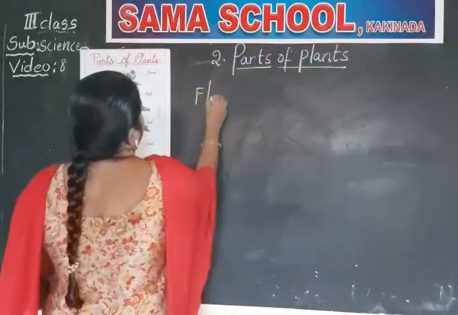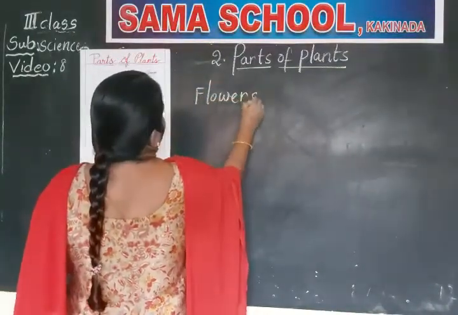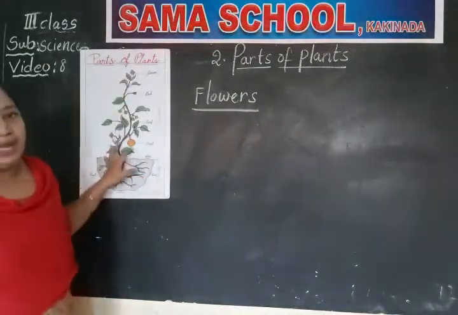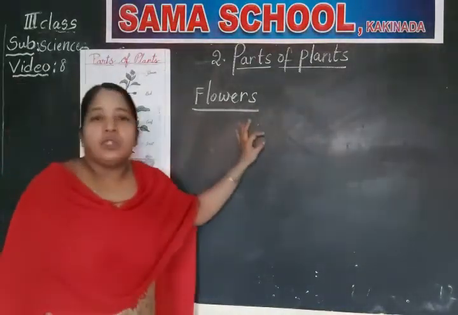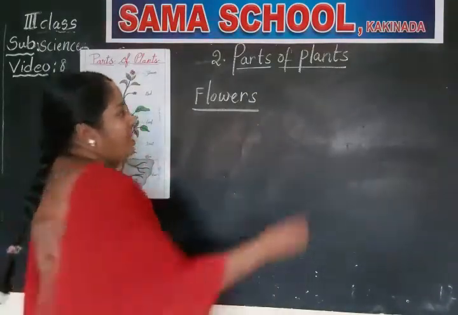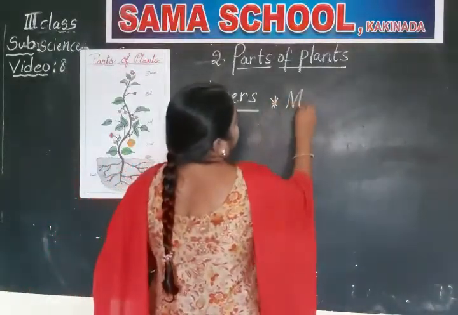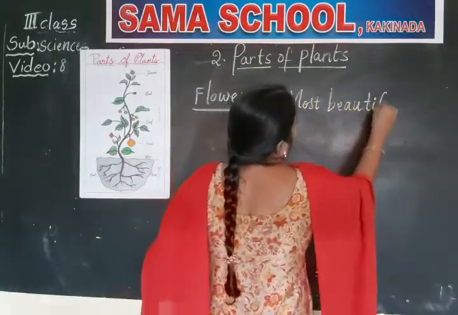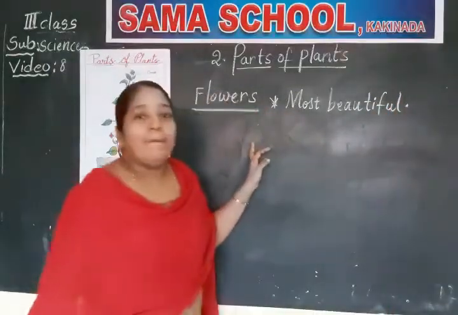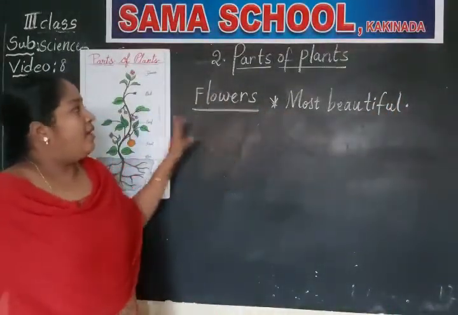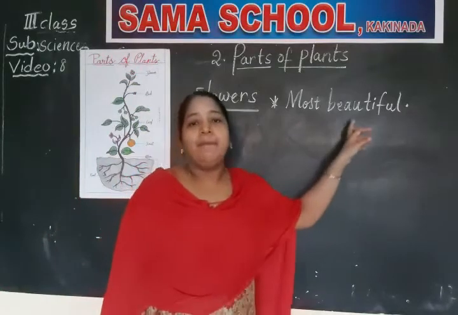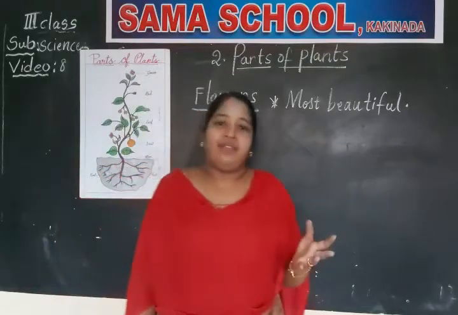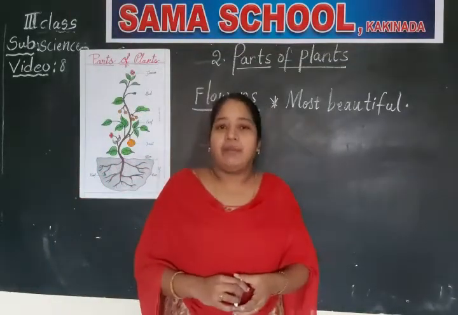Okay, flowers. If you observe a plant, there are so many parts, but the flower is the most beautiful part of the plant. You observe different flowers with different colors, shapes and sizes.